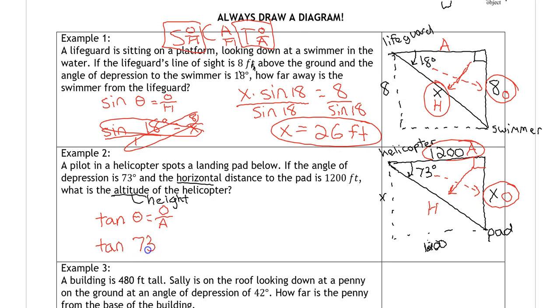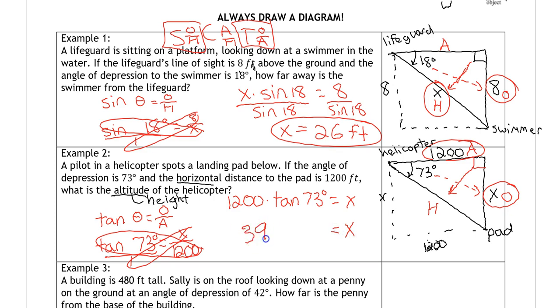Tangent of 73 degrees equals x over 1200. Putting it over 1 and cross multiplying, I have 1200 times the tangent of 73 degrees equals x. 1200 times the tangent of 73 equals 3,925, and this is also in feet.